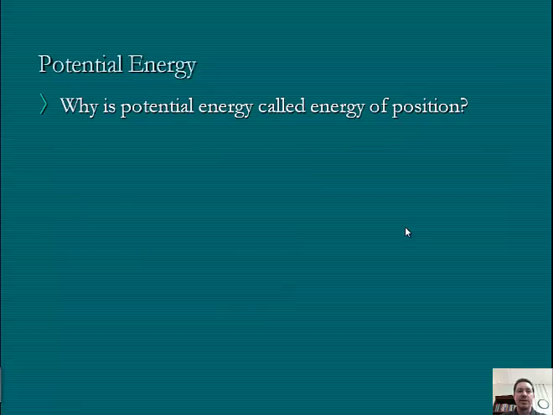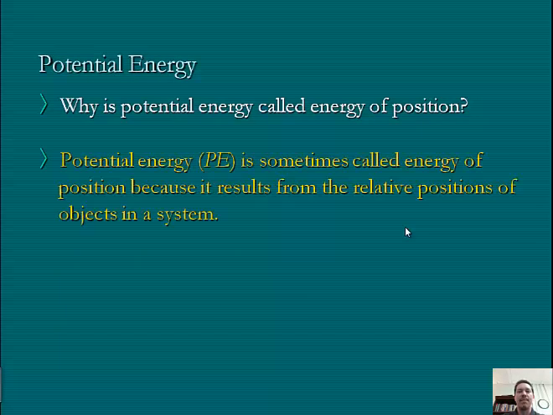So our next thing is potential energy. Why is it called the energy of position? So potential energy, abbreviated capital P, capital E, sometimes called energy of position because it results from relative positions of objects in a system. For example, we'll use gravitational potential energy here shortly in an equation. Basically, it's where an object is at because of its position.